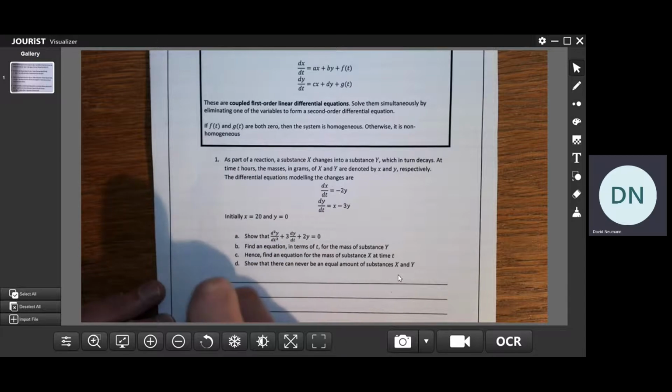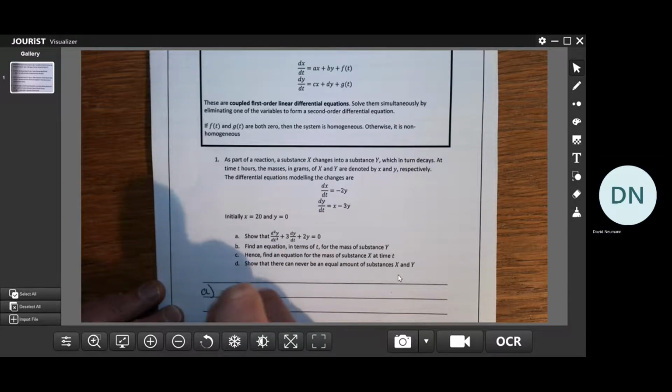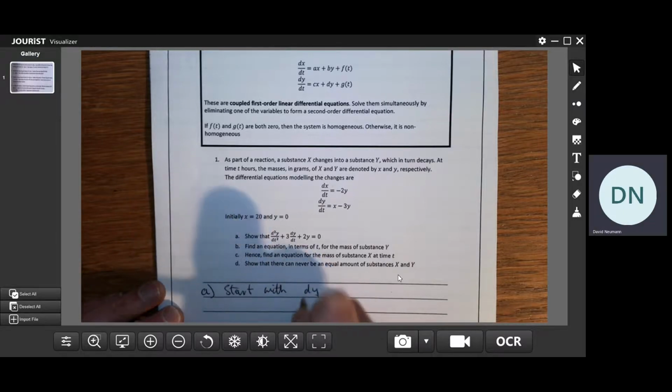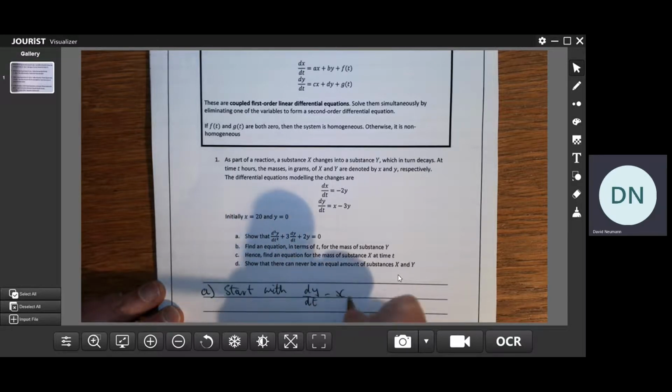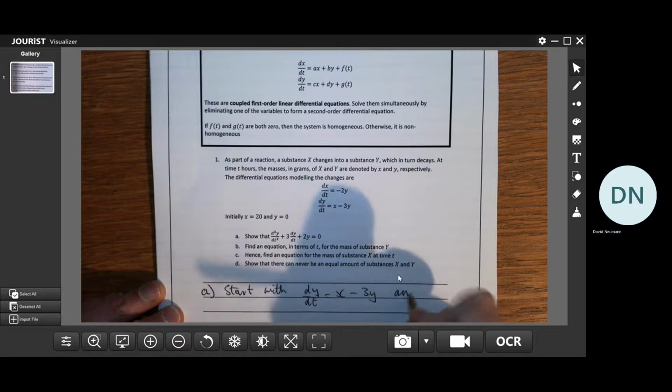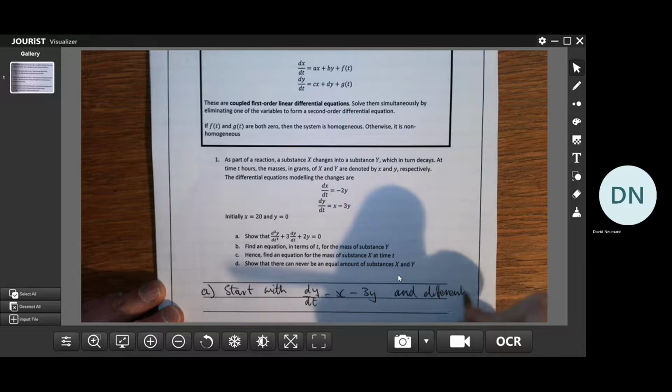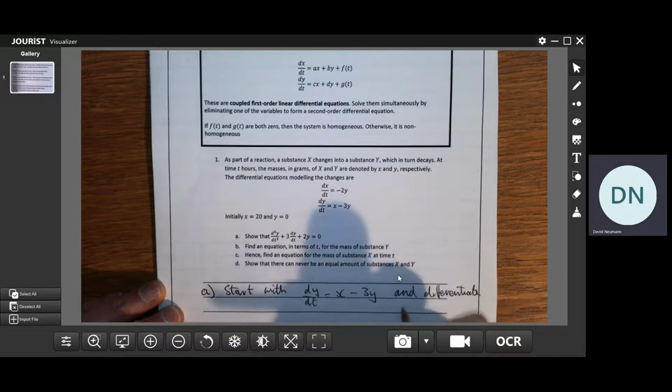So for A, start with dy by dt equals x minus 3y, and differentiate with respect to t.